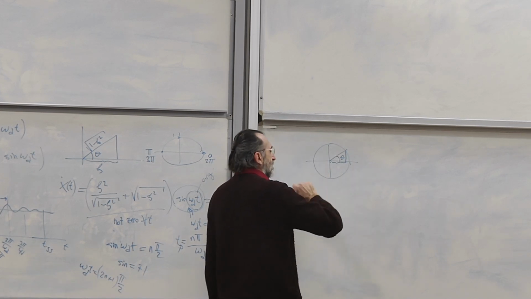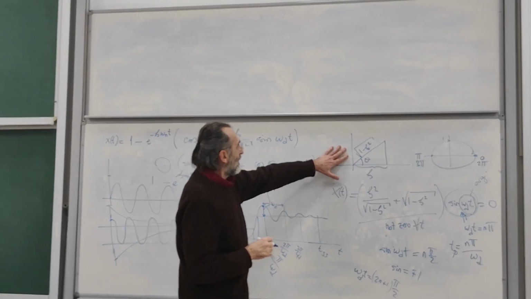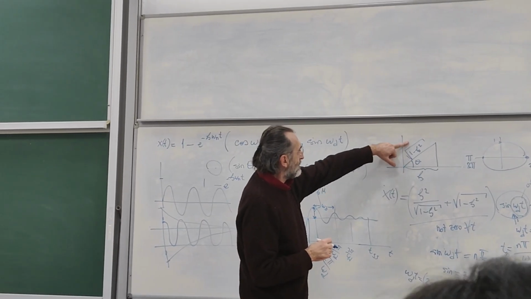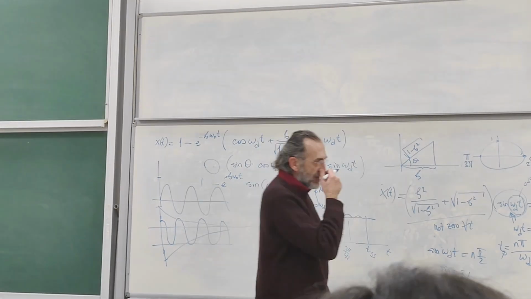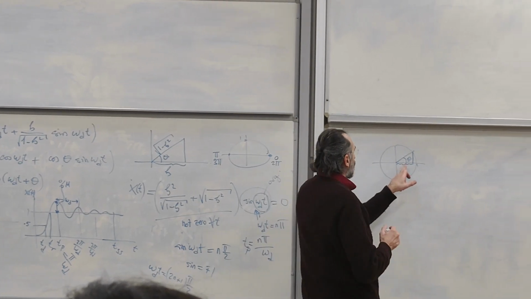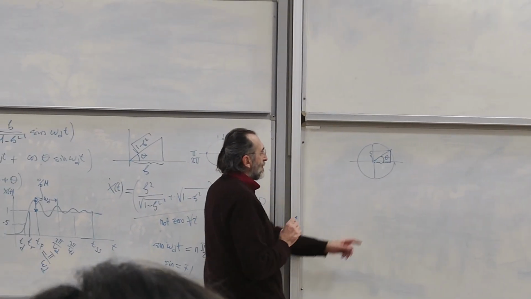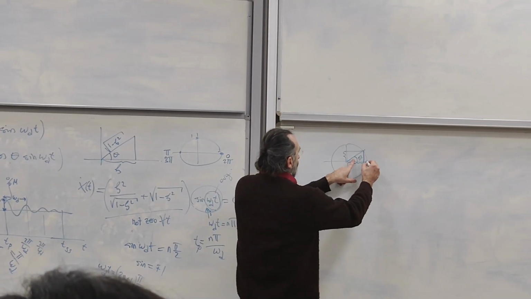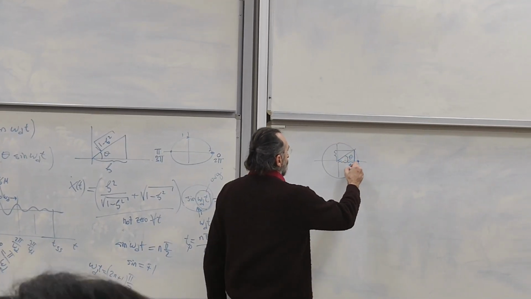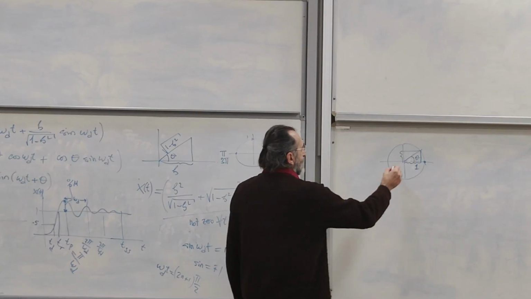Yes, that's the cosine. And the sine is this. So when the angle is 0, its cosine is 1 and its sine is 0.